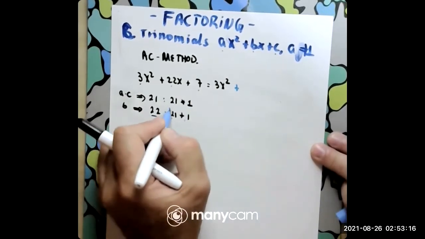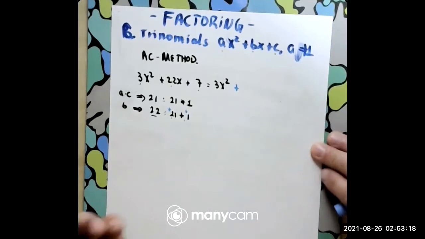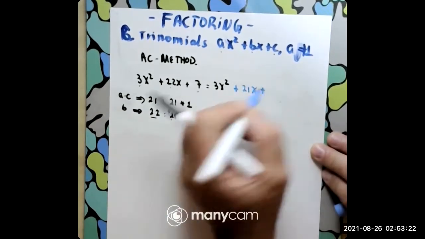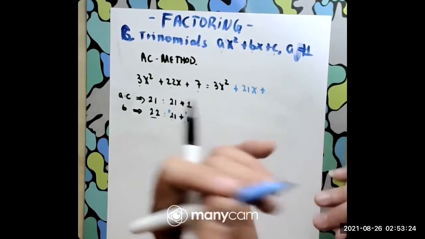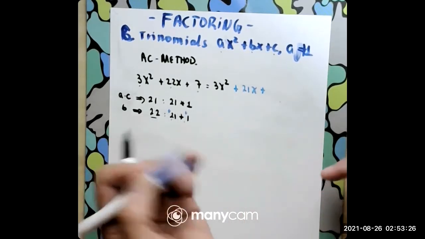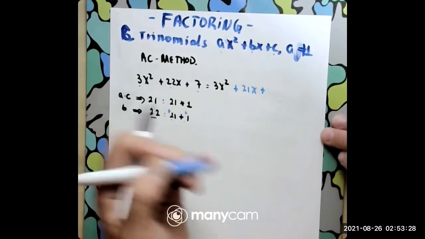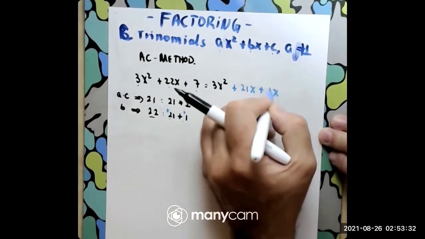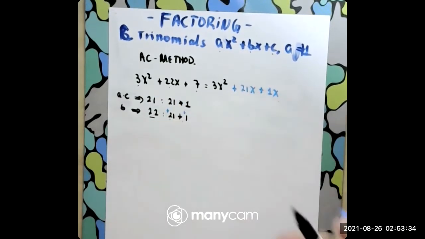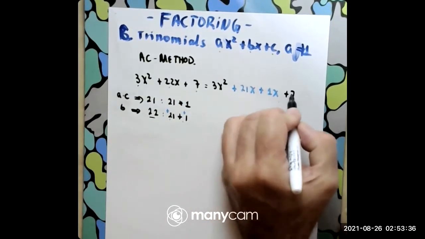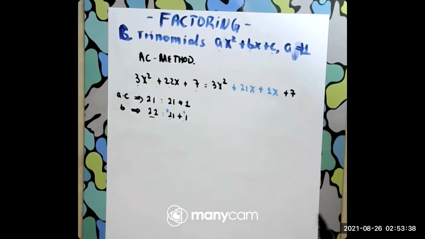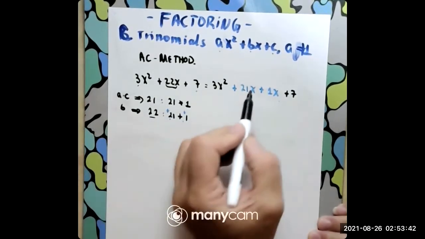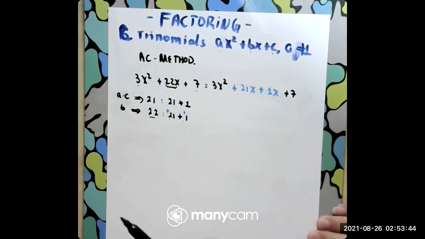By the way, 21 is positive and the 1 is positive, of course. So that will be plus 21x plus, again, normally we don't write the 1x, we just say x, but just for showing purposes, I'm going to do 1x, and then of course plus 7. We have not done much. We just simply rewrote 22 as 21 plus 1.